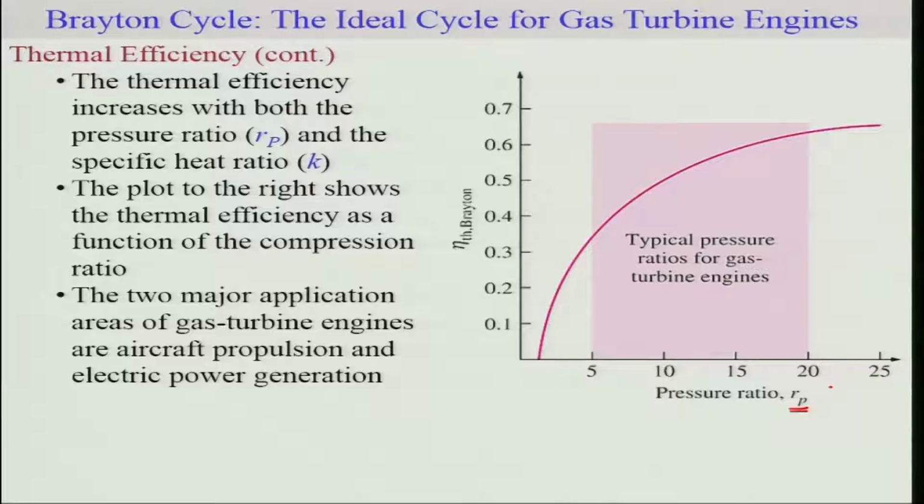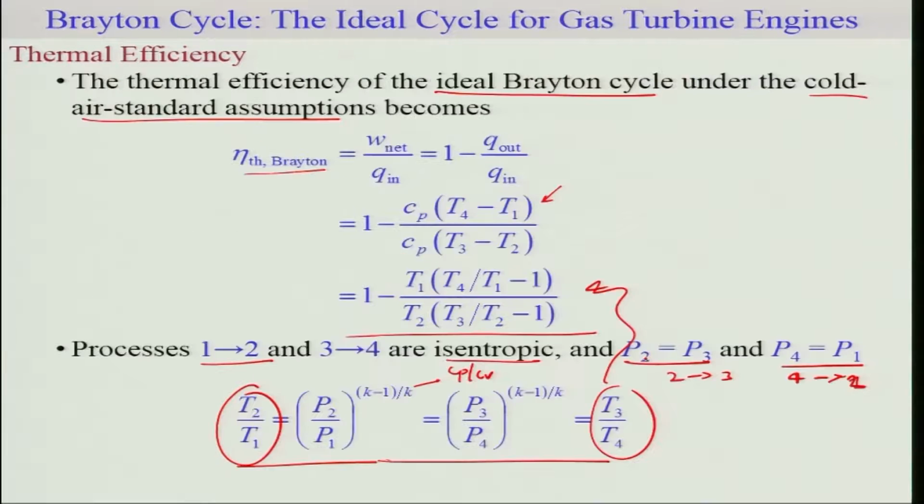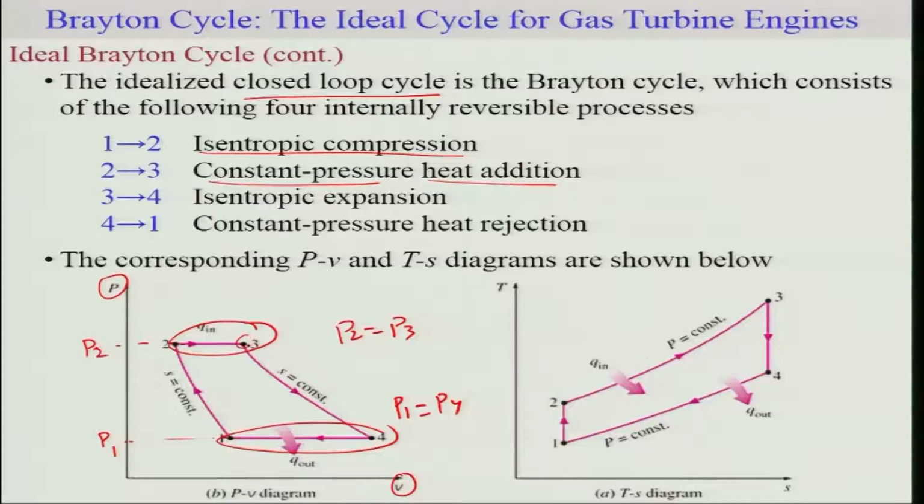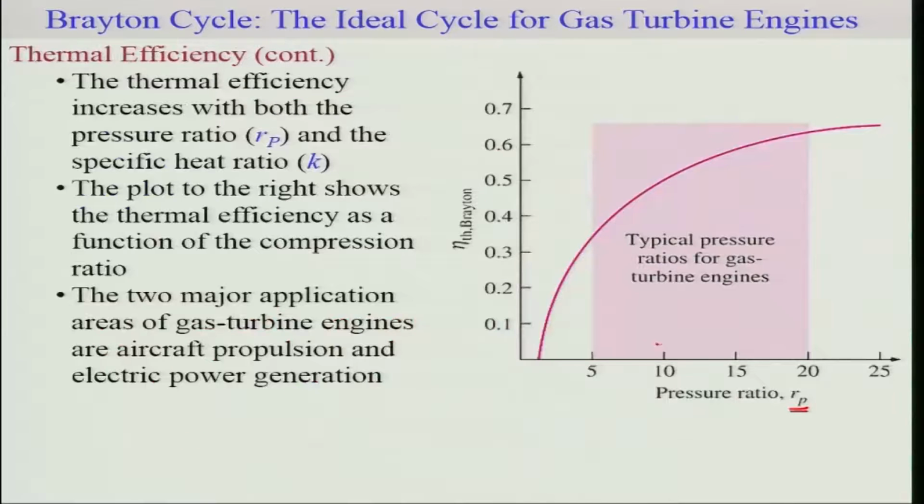However, for the typical gas turbine, the pressure ratios are in this region. The other aspect is that the highest temperature in the cycle, which we have seen here, is at 3. When you add the heat, through a heat exchanger or in a sense through a combustion chamber, this high temperature is limited by the material properties, because the material should sustain this high temperature, particularly the turbine blade.